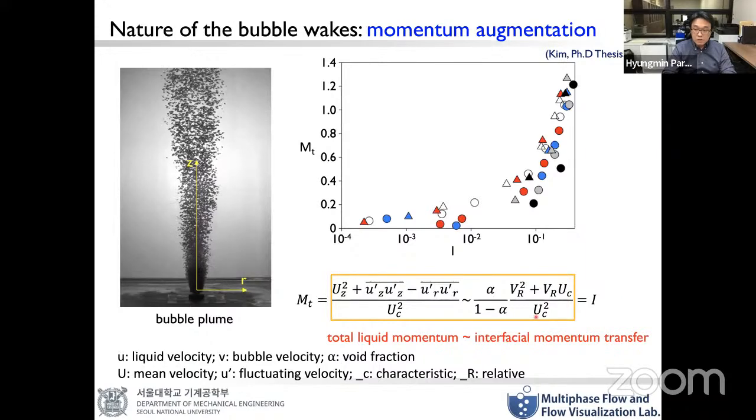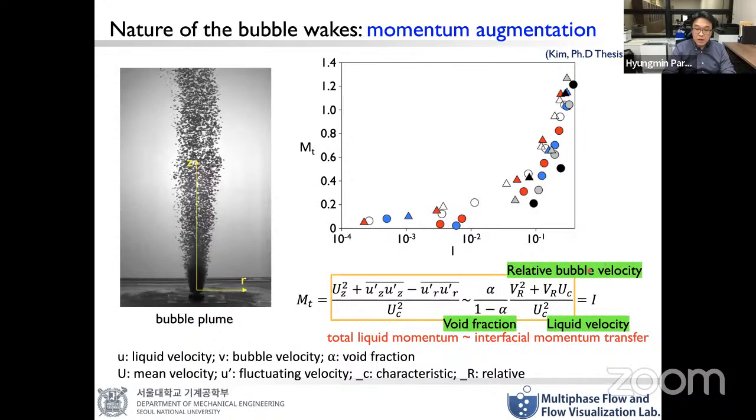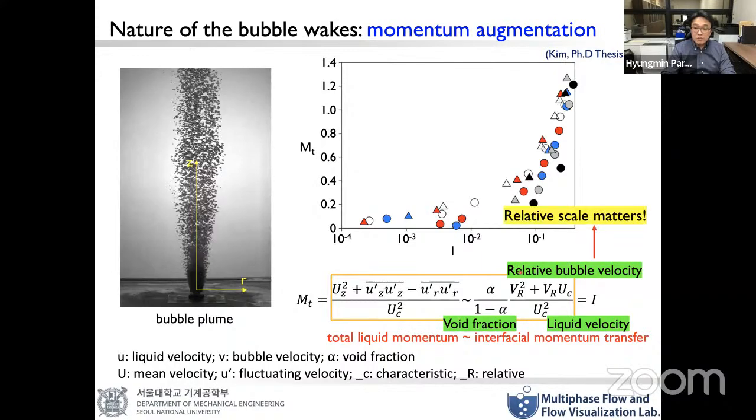That interfacial momentum transfer is determined by alpha, which is the void fraction, UC, the liquid velocity, and VR, the relative bubble velocity. So again, it means that the relative scale between the gas phase and the liquid phase matters to determine the momentum augmentation by using the bubbles.